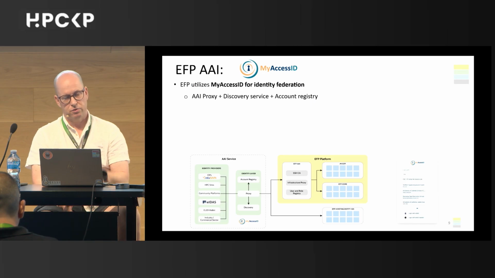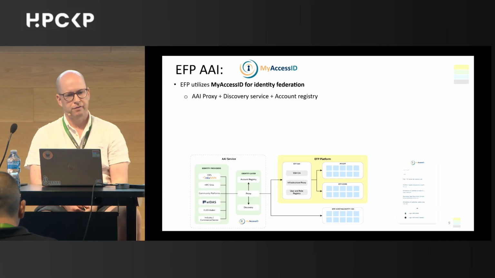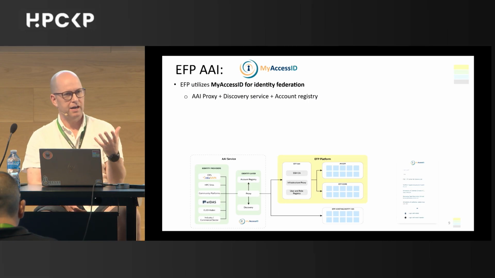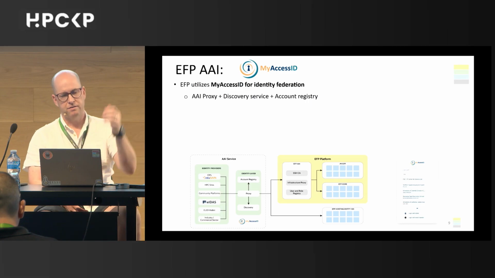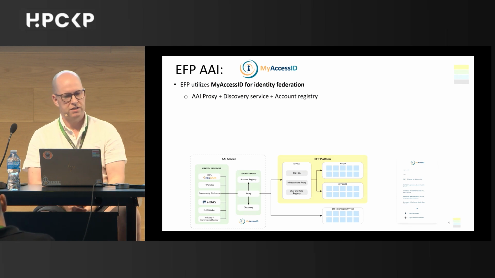In reality, it means that you press the login button, it takes you to a place and the proxy says, who do you want to authenticate against? So you decide that. You say, well, my institution is whatever your institution is. Like for me, it's the University of Ghent. And then they actually do the authentication through the University of Ghent first. That registers me in MyAccess ID, and then I can make an account registration there.